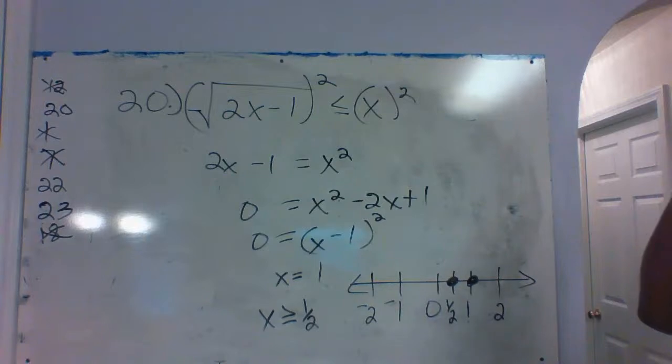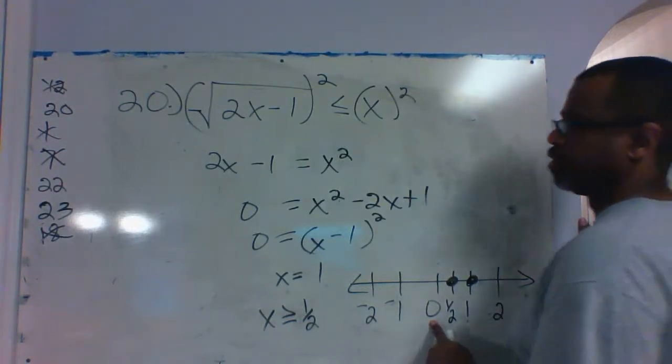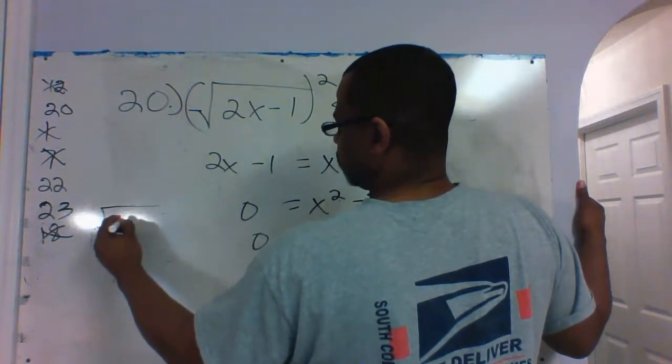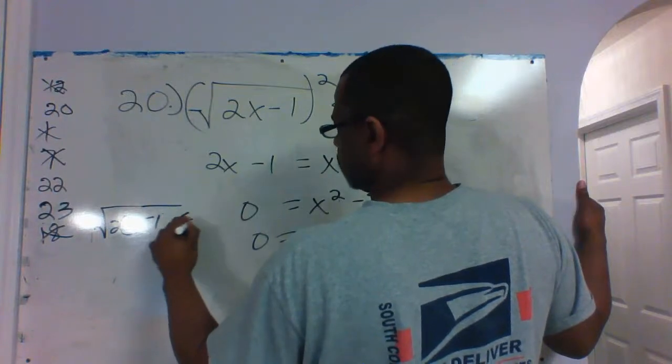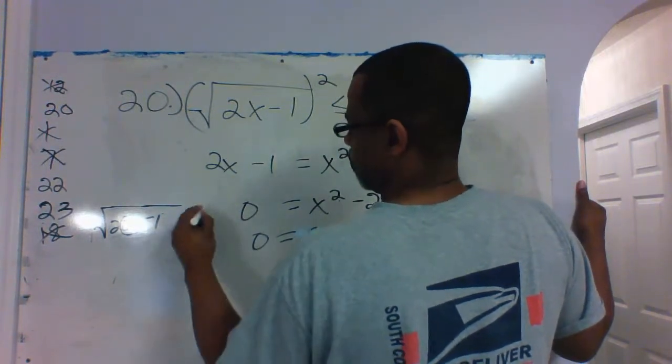Okay, make sure I did that right. All right, so let's try 0. So we're going to come to the original equation. 2 times 0 minus 1 is less than or equal to 0.